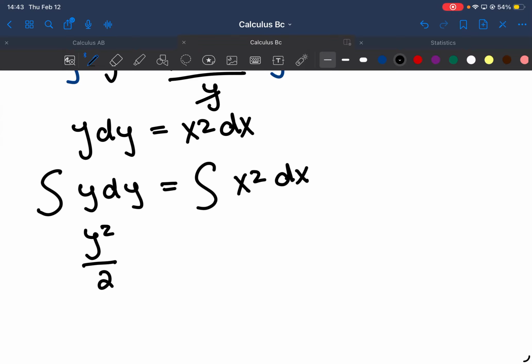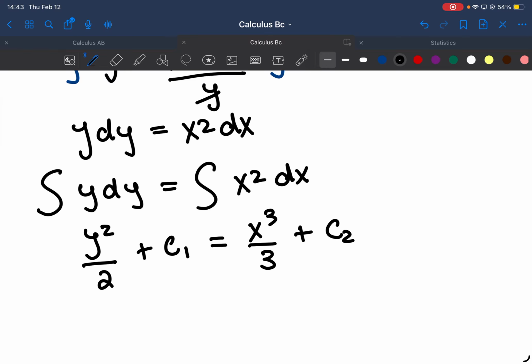But since we're dealing with two integrals that are equal to each other, we can't just simply say c. We're going to say plus c1, because we're going to have multiple c's here. So this is equal to, and what's the integral of x squared? 1/3 x cubed plus c2.